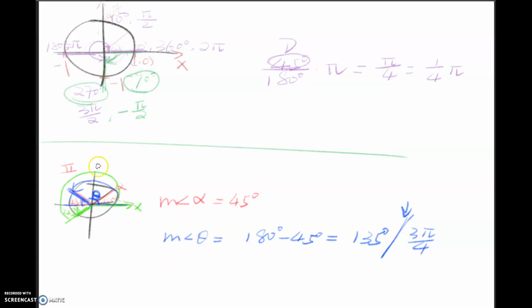So if I call this green angle beta, the angle measurement of beta will equal 180 and another 45 degrees. I was just translating my words to a math equation. So 180 plus 45 degrees is 225 degrees. And again, that's the same thing as 5 pi over 4.